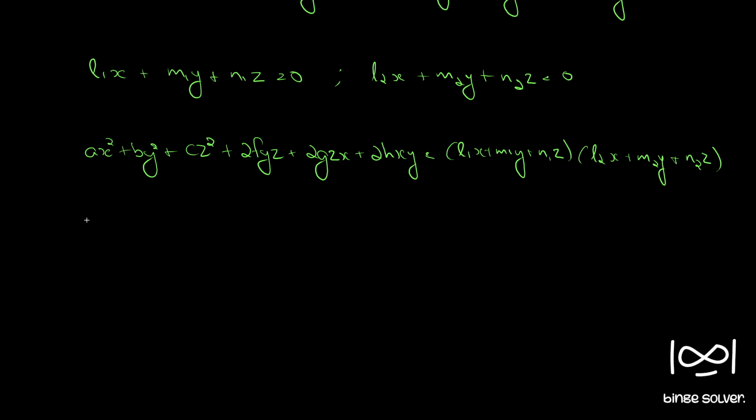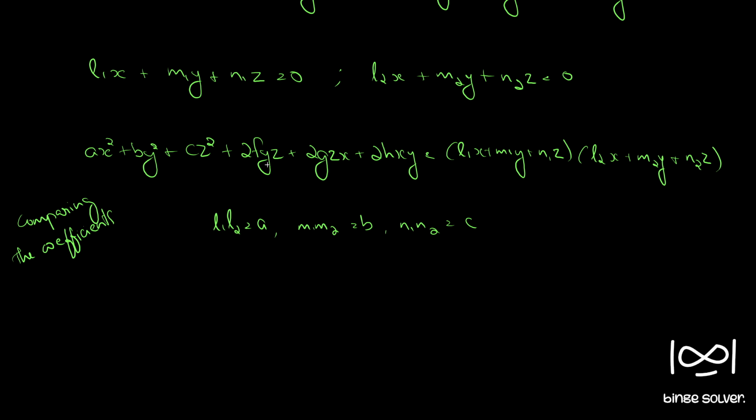As you can see, L1 into L2, which is the coefficient of x², will be equal to a. Let me note down what I'm saying. L1L2 = a, M1M2, which is the coefficient of y², is equal to b, and N1N2 = c, which is the coefficient of z².